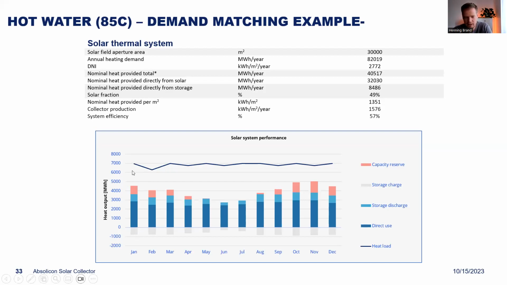For this client, we are able to meet 49% of their heating demand with renewable heat from the sun, versus using coal or natural gas. For the rest, they would continue using the boiler.